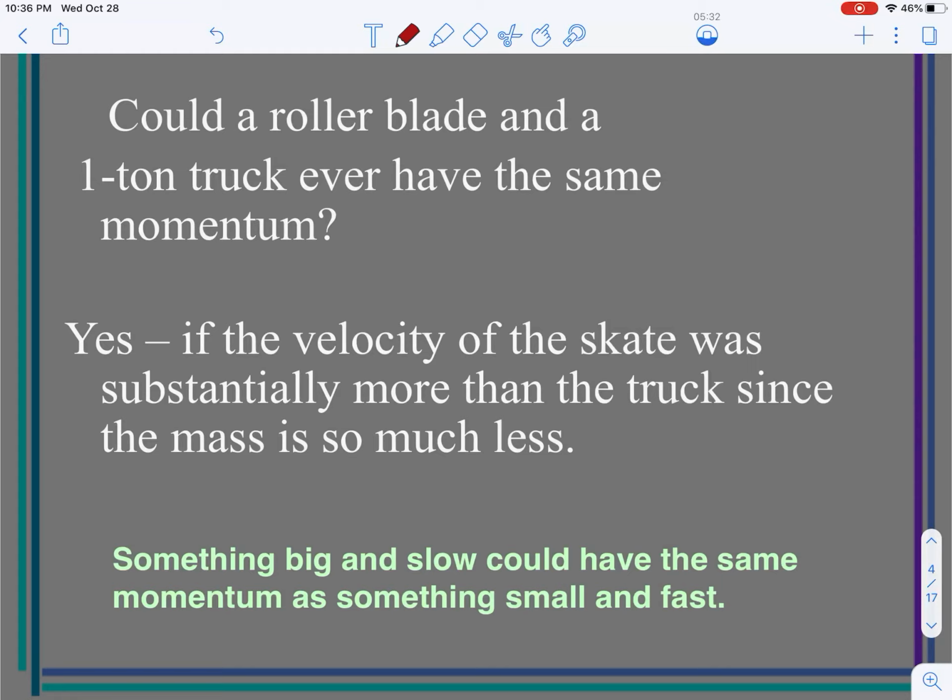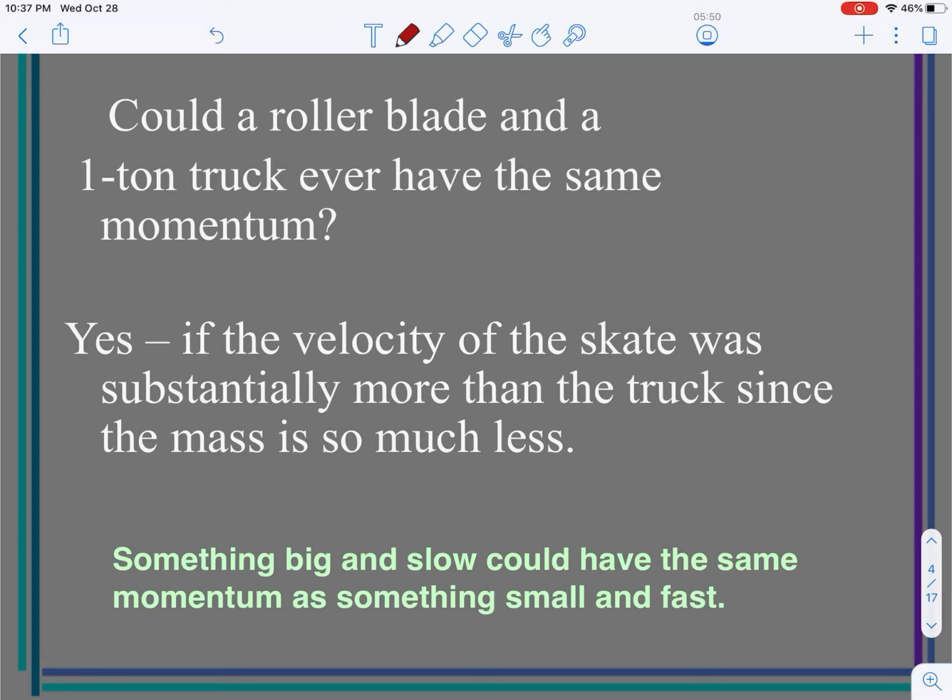Now, technically, yes, if both objects are at rest and they both have zero momentum, that would be a situation where my objects would have the same momentum. But in this case, I'm looking for an answer where my object is actually moving with some velocity.